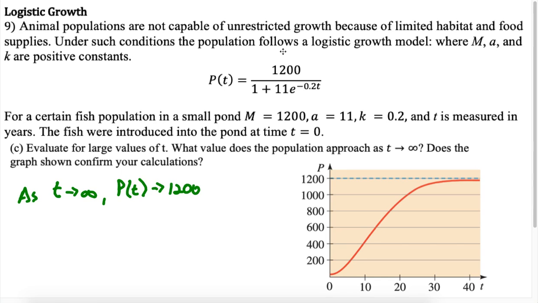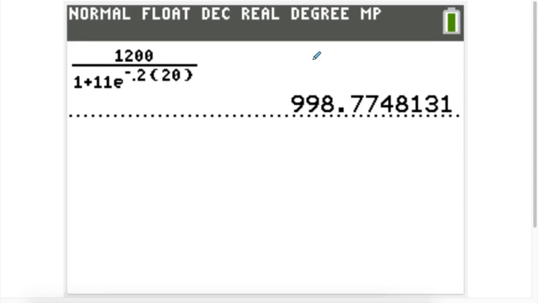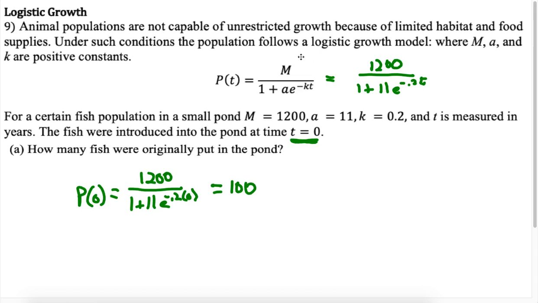In our formula, as long as our formula follows this model here, m over 1 plus a e to the negative kt power, that m value right there is called the carrying capacity.